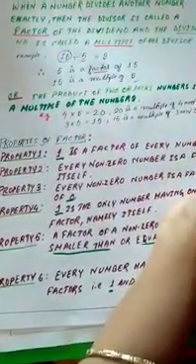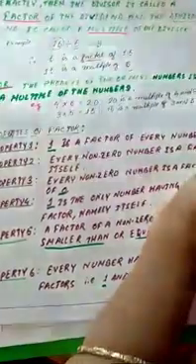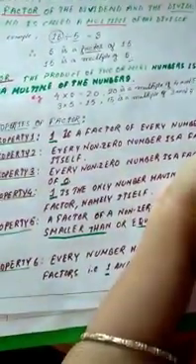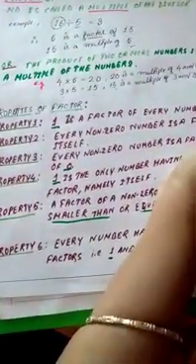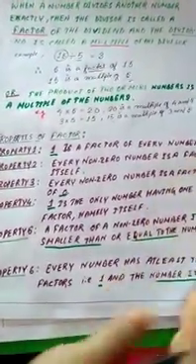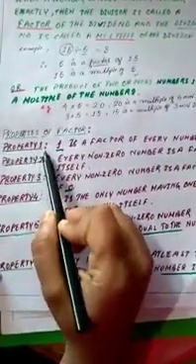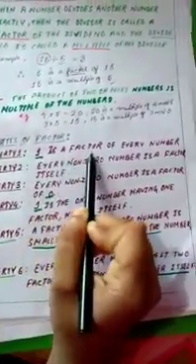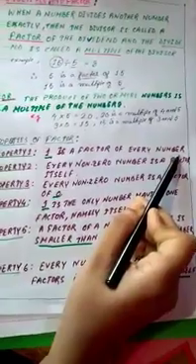Okay, now we'll discuss the properties of factors. Students, property number 1 is: 1 is a factor of every number.